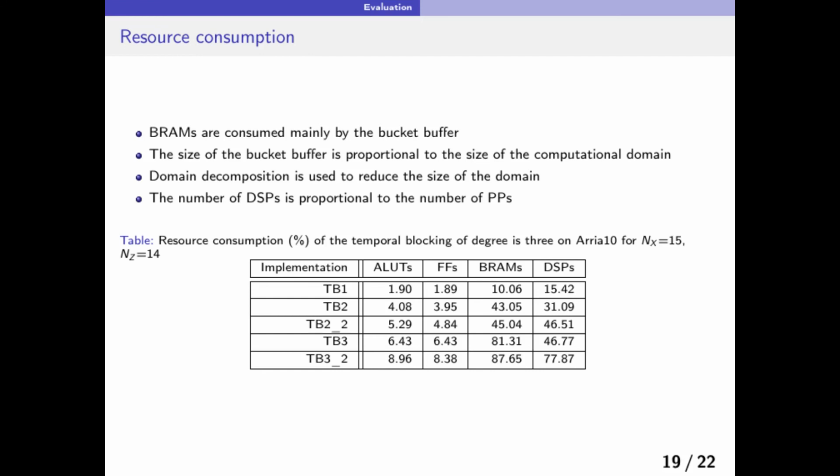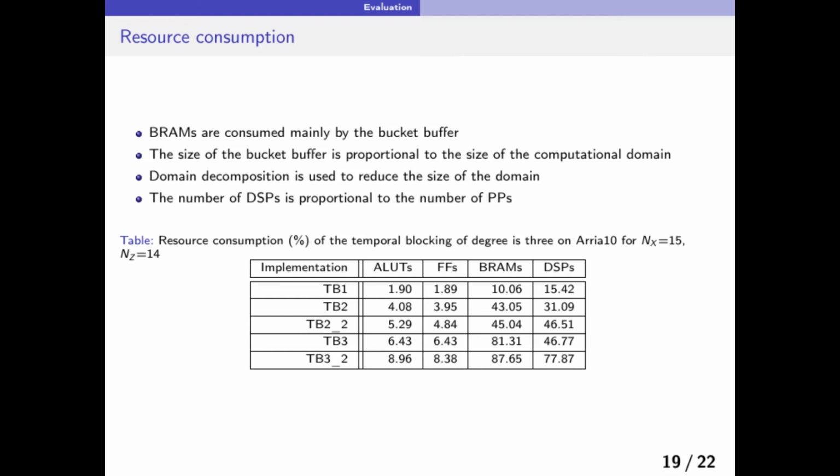For the resource consumption, BRAMs are consumed mainly by the bucket buffer. The size of the bucket buffer is proportional to the size of the computational domain, and so is the number of BRAMs used. Using domain decomposition allows reducing the size of the domain and so the number of BRAMs, which makes the implementation possible.